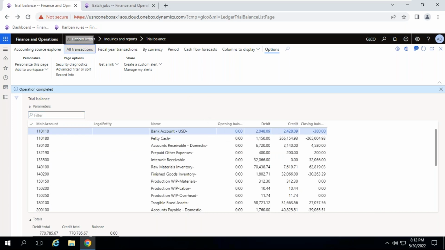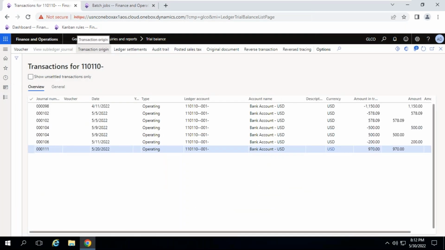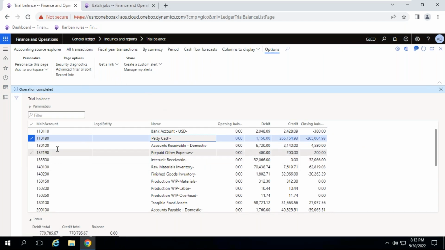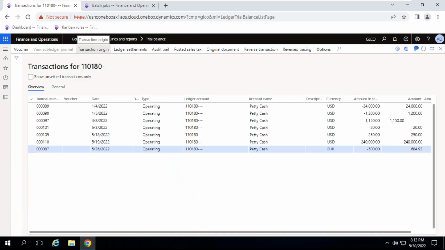Now if you go to transactions, it is not showing legal entity. It will show these things also.